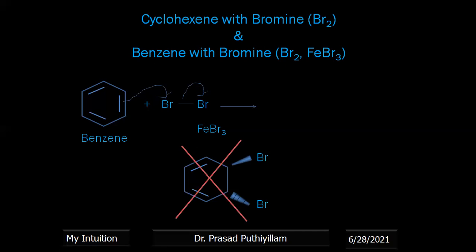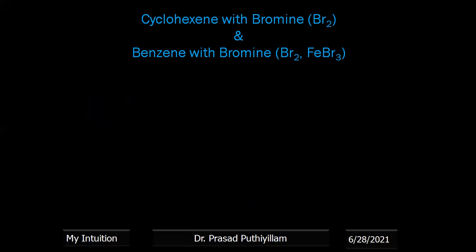That means the double bonds present in benzene or such compounds are not double bonds as such. They show a property known as the aromatic property. So even though aromatic compounds contain double bonds, we cannot treat them as normal alkenes. You have to treat them as a separate category of molecule, which we call aromatic compounds.